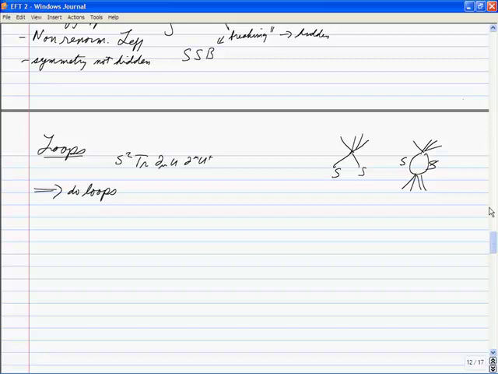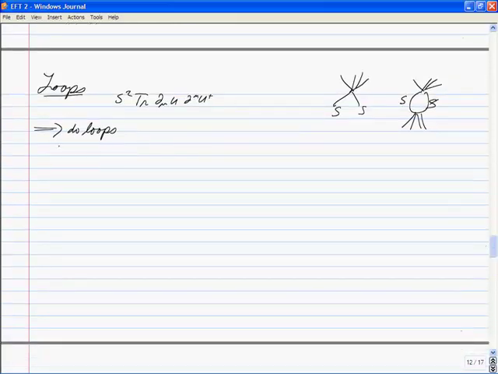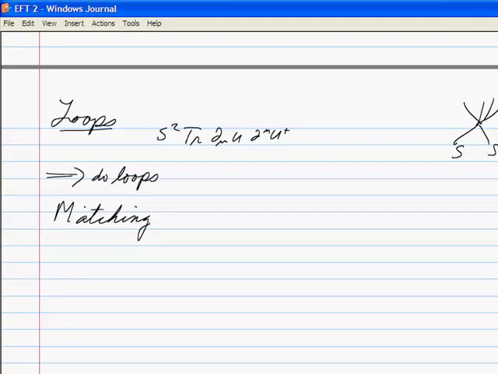Okay, but what's going to happen in this section is that we're going to bring up the idea of matching. Matching is a code word for a technique in effective field theory. It's especially true when you have a case like we have here.